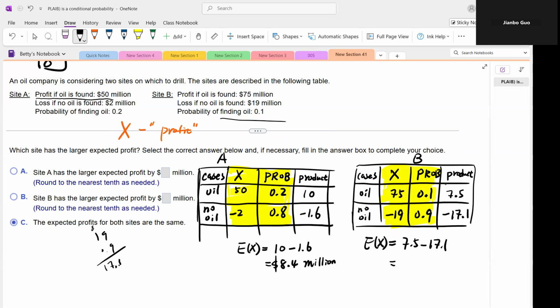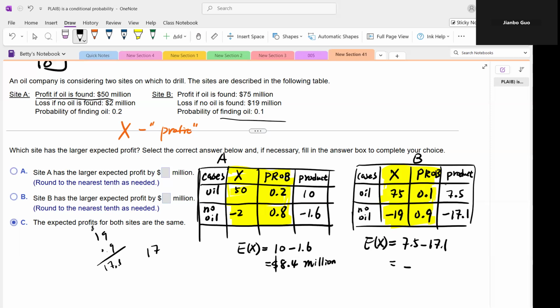75 times 0.1 is 7.5. And negative 19. Loss is 19 million, is very significant. And the chance of not finding oil is very high. It's very risky, right? The plan B. Times 0.9, so it is negative 17.1. Okay, so this time we're going to get a negative.